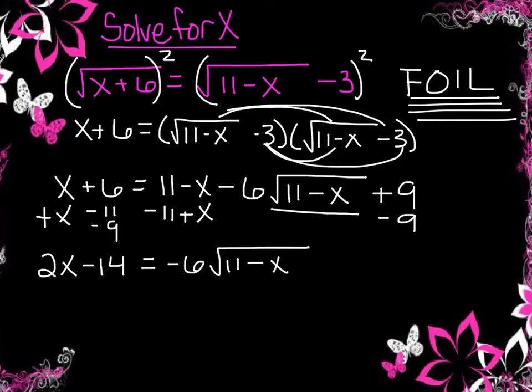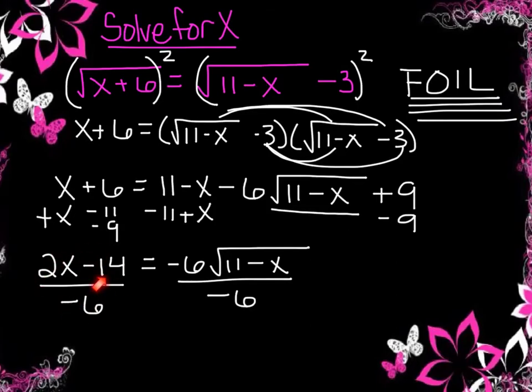This is a very, very ugly problem. But that's okay. You can do it. We're going to divide both sides by -6. So these all on this side reduce by 2. That means it's x minus 7 over -3. And then these cancel, and I have square root of 11 minus x. So now we've isolated the radical. I'm going to move on to the next page where I square both sides.